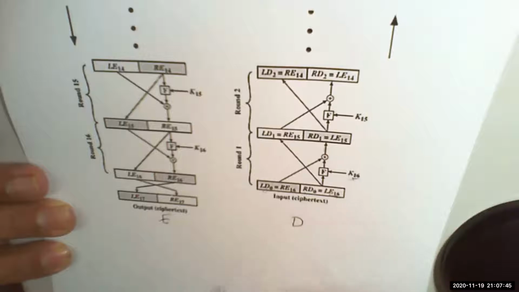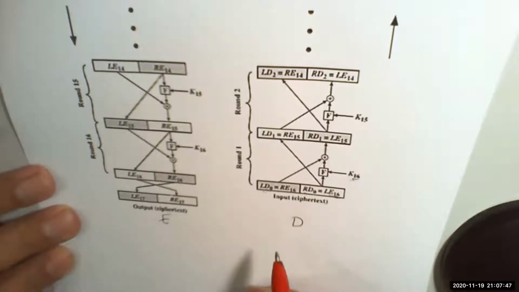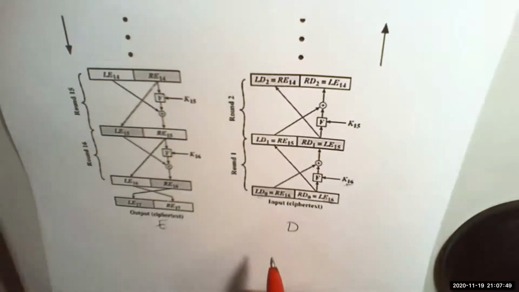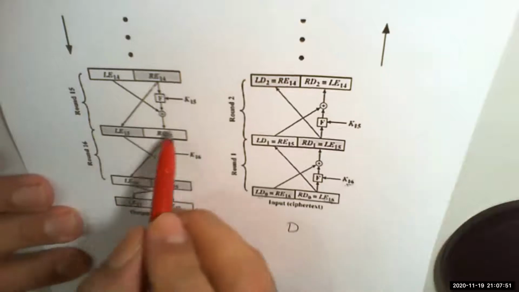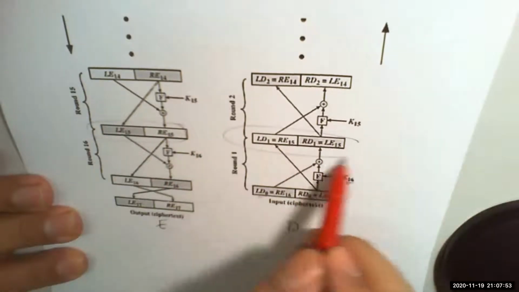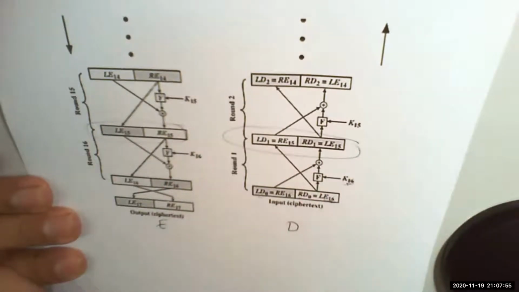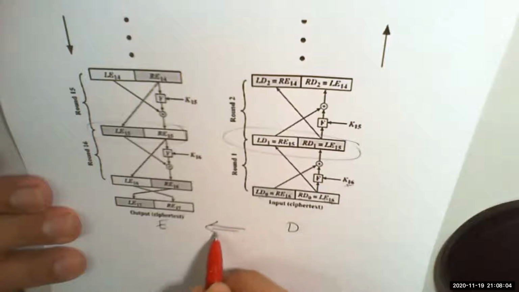Now if I can prove that the output here is the same output here, I prove that this function is reversible. This function is reversible means decryption is the inverse of encryption.